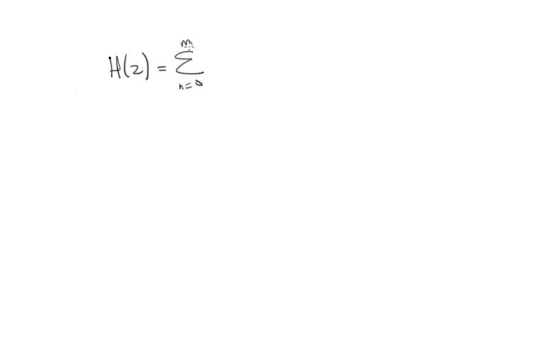Here you have finite impulse response, that's why I am using m instead of infinity, and this is h of n and z raised to power minus n. So for example, for type 1 and type 2 systems, your impulse response exhibits even symmetry.